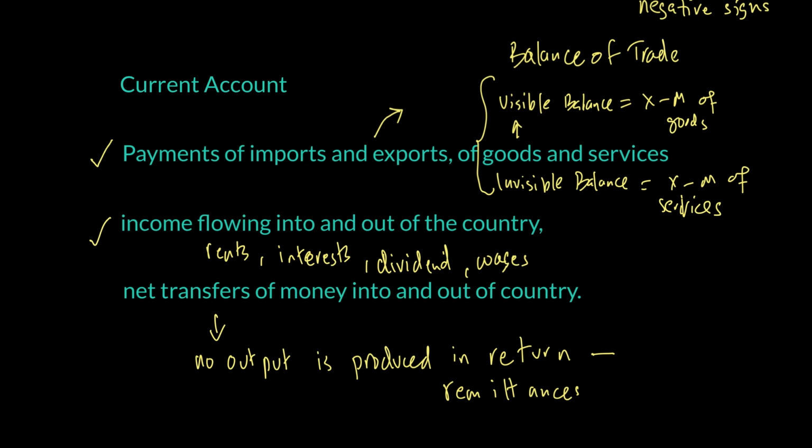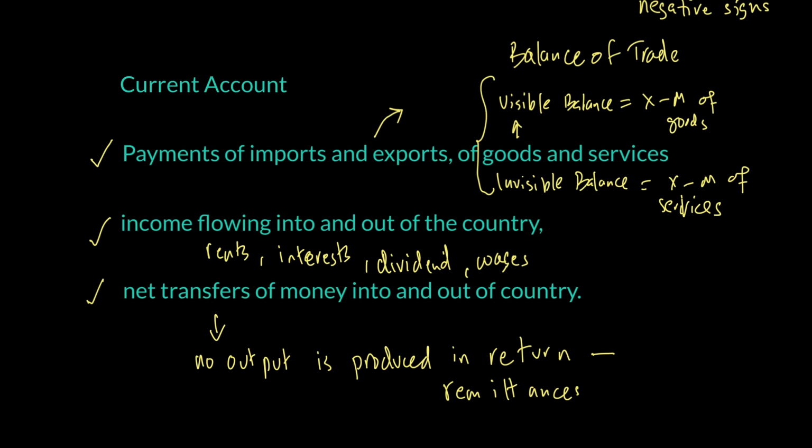In other words, their money that comes into the country, we call it remittance. Or similarly, for example, if my grandmother lives in the UK and she sends me money as a private gift, that will also be called a remittance in our account. So all of these three things, payments from abroad, net income, and your transfers make up your current account.